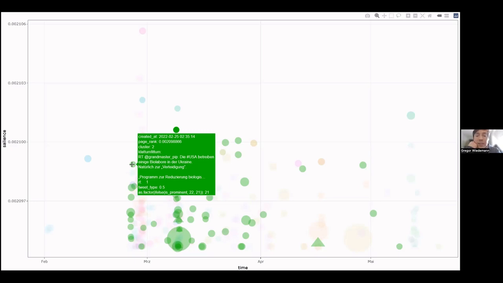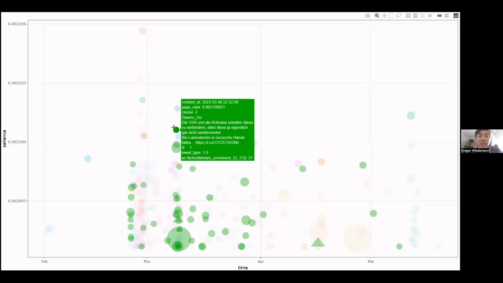And we can see that these green points are highlighted more or less throughout the entire timeline. So we also have this similar tweet saying the US and Ukraine work together to have not taken over these Russian biolabs, these Ukraine biolabs by the Russians. This is a similar mention on the 8th of March.